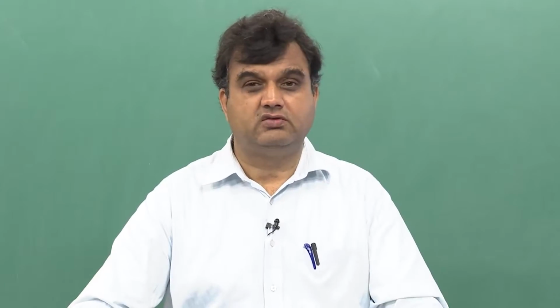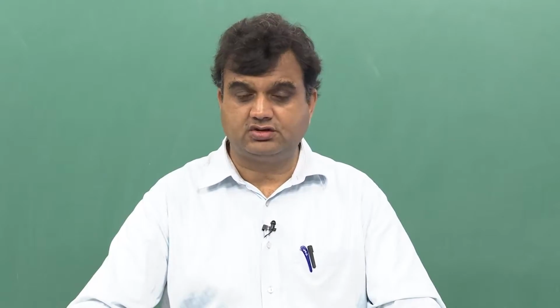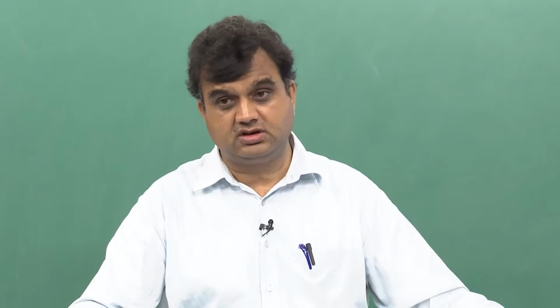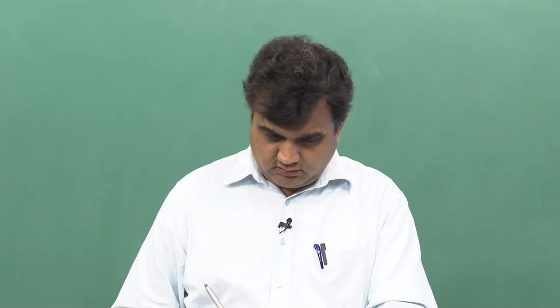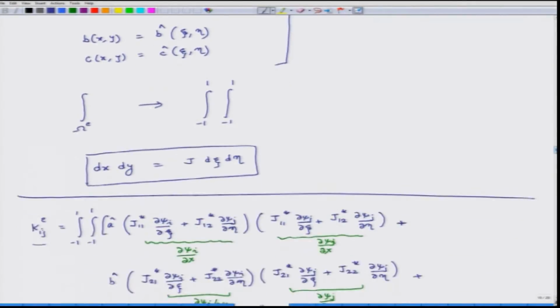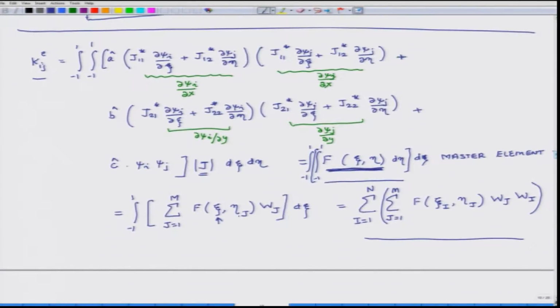Yesterday we covered the details of numerical integration using the Gaussian quadrature approach, and what we developed was the relation for Gaussian integration. Suppose we have to find the value of Kij. We transform the whole integral into zeta-eta space, and once we are successful with that, we use the Gaussian quadrature method to find the integral using this relationship.